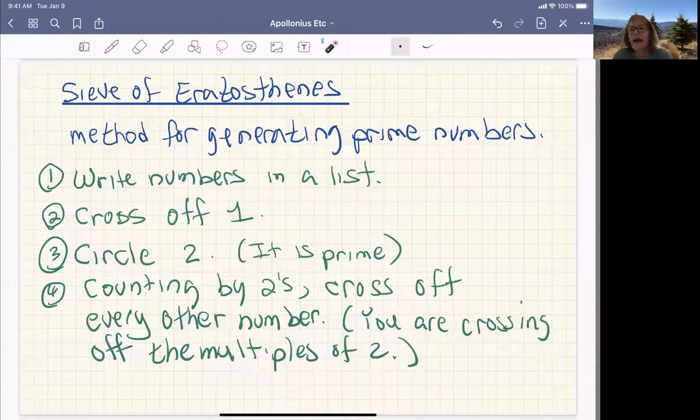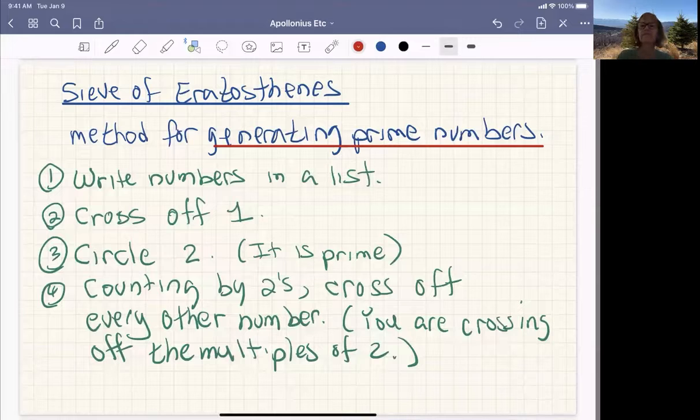Now, next we have the sieve of Eratosthenes, which is something that you theoretically might have seen in a class, just because it's kind of an amusing thing. What it is, it's a method of generating prime numbers. So what's the method?